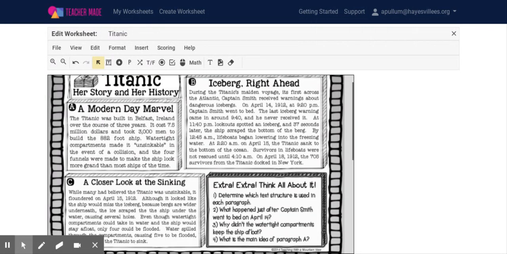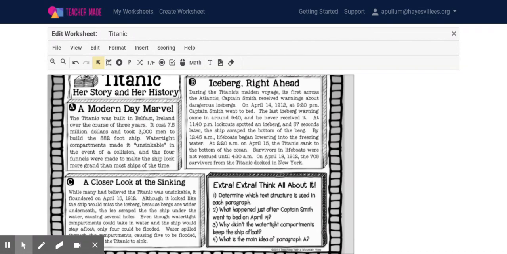Okay. B, iceberg right ahead. During the Titanic's maiden voyage, its first across the Atlantic, Captain Smith received warnings about dangerous icebergs. On April 14, 1912, at 9:20 p.m., Captain Smith went to bed. The last iceberg warning came in around 9:40, and he never received it.